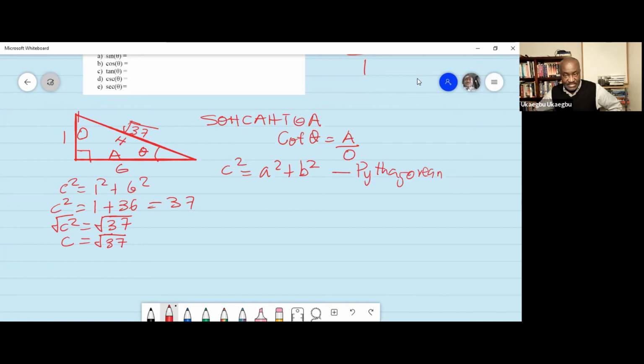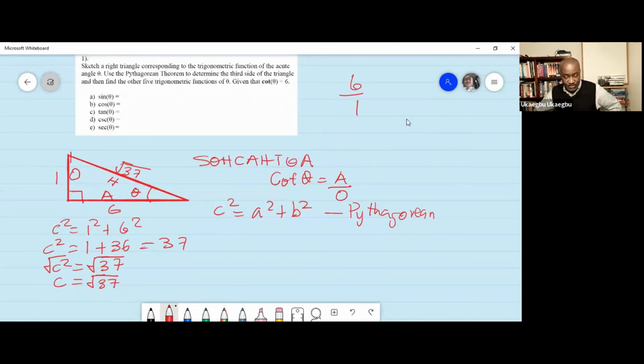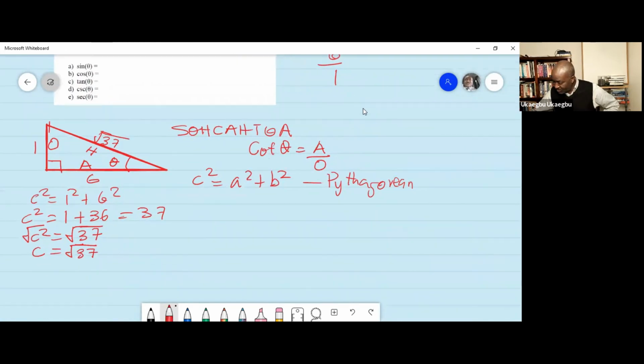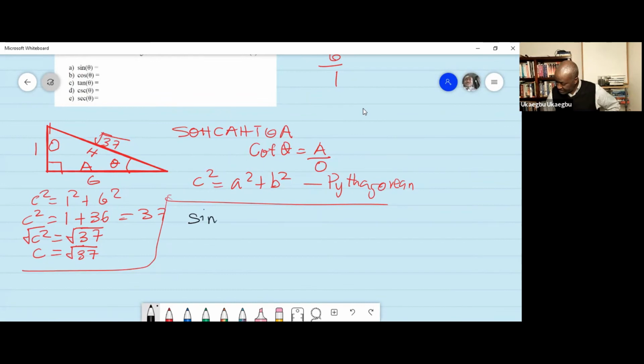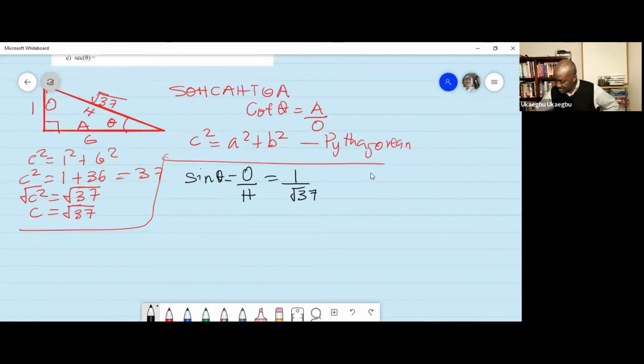Now, they said we should find sine theta. From the SOHCAHTOA formula, sine theta is opposite over hypotenuse. Here opposite is 1 and hypotenuse is square root of 37. Next, find cos theta.